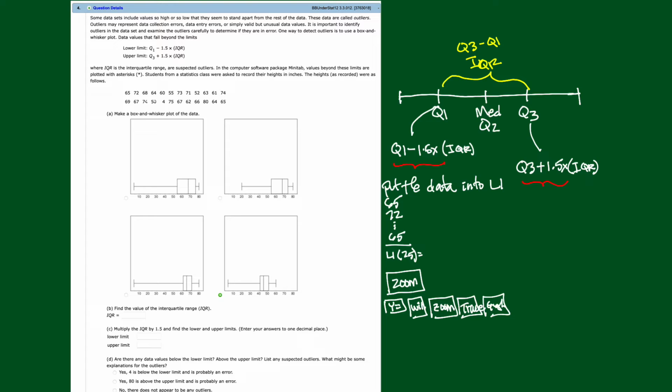So press the zoom key, and then automatically your box plot appears. Zoom stat sets the window to show the graph appropriately. So I'm getting a box plot that looks like this.